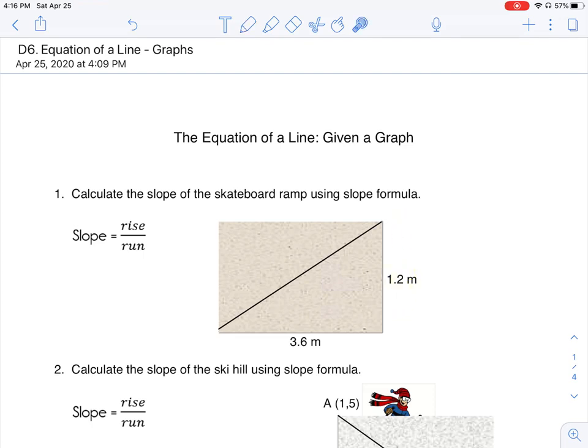So in this case, the rise is 1.2 and the run is 3.6. So if the slope is rise over run, that is 1.2 over 3.6. If we were to clean that up a little bit, we could write it as 1 over 3.